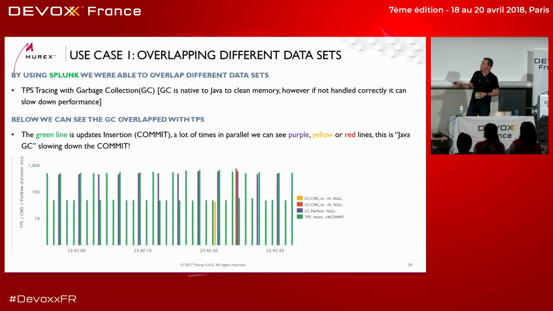So we had a situation where when we did a basic test, we saw something that we never realized. We were trying to figure out why our results were so bad. So we were at 99 milliseconds average with high volatile peaks. And we're like, why is this so bad? So we're trying X, we're trying Y, we're kind of going a little bit crazy. And then when we overlap the green, which is the trades going in, with the stop the world garbage collection, we get these exact matches.